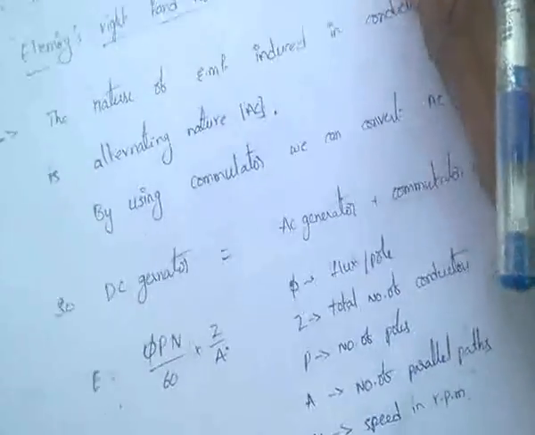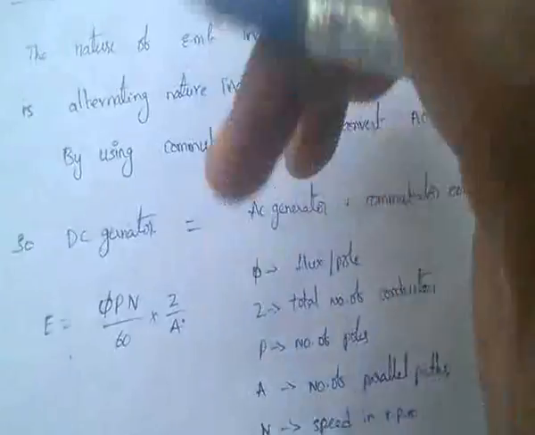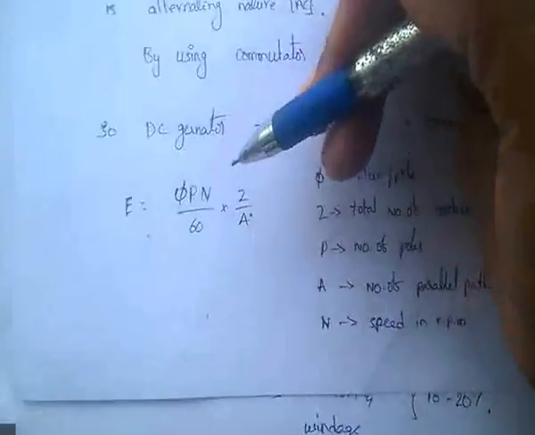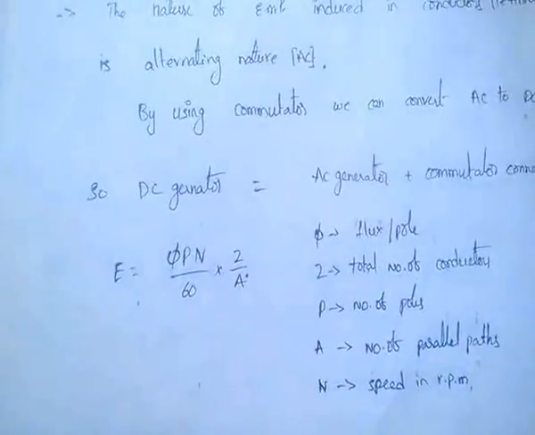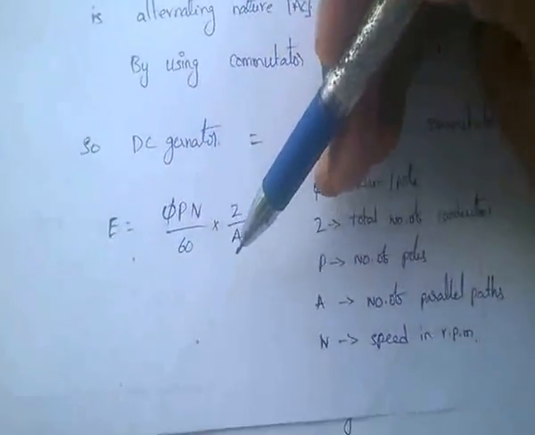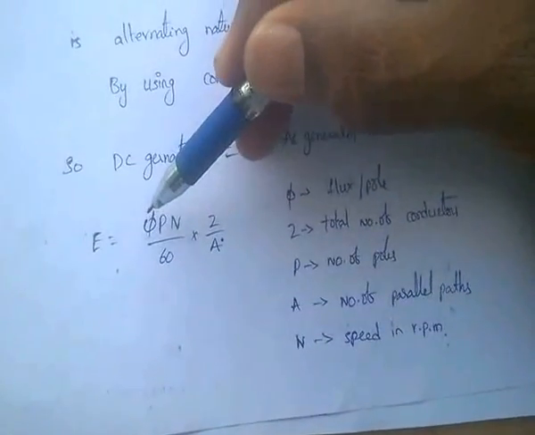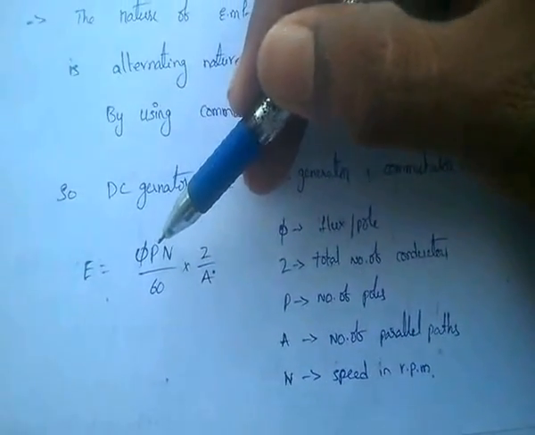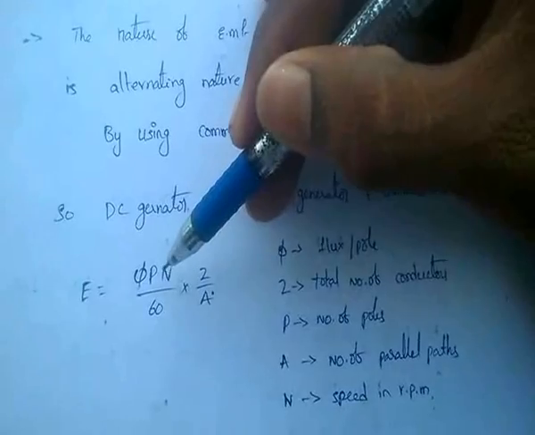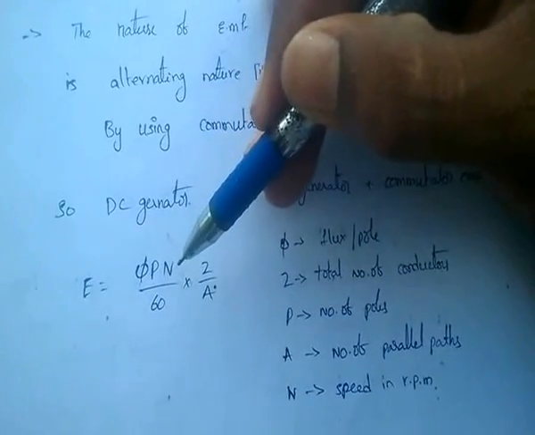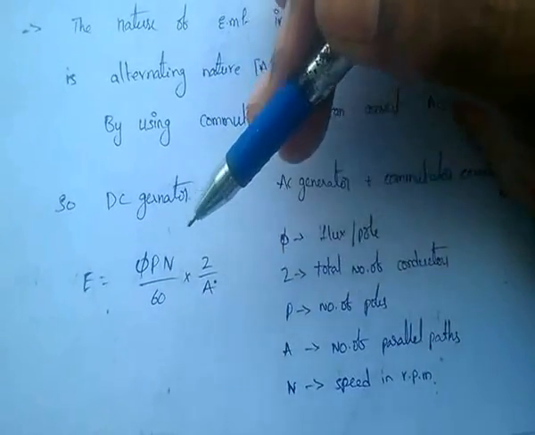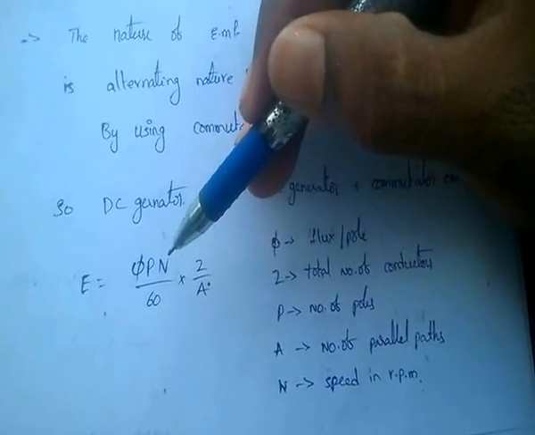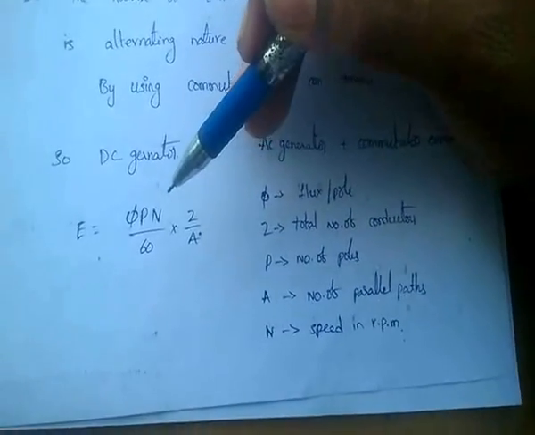The formula for induced EMF: E equals phi P N by 60 into Z by A. Here phi means flux per pole, P is the number of poles, and N is the speed in RPM, that means rotations per minute.